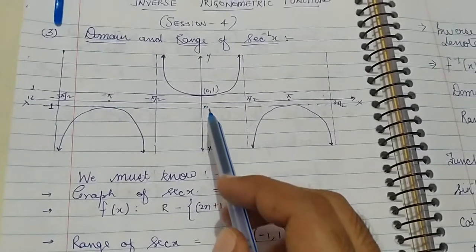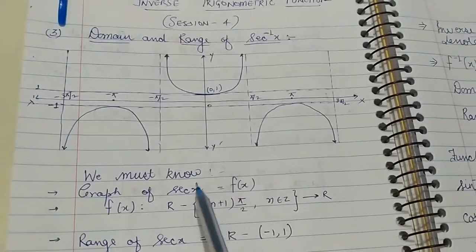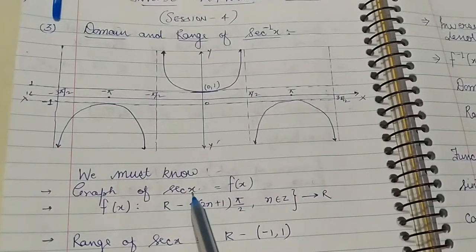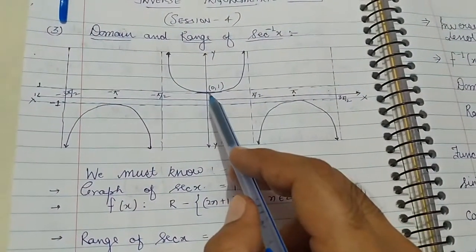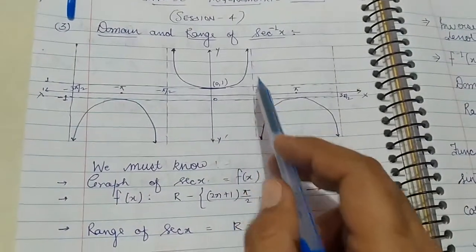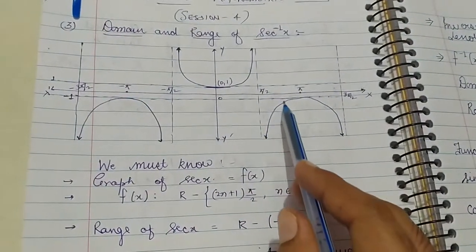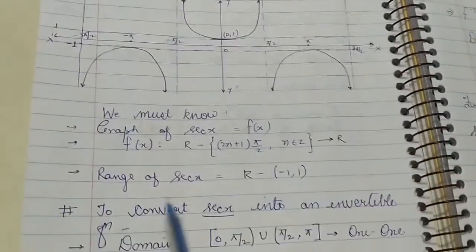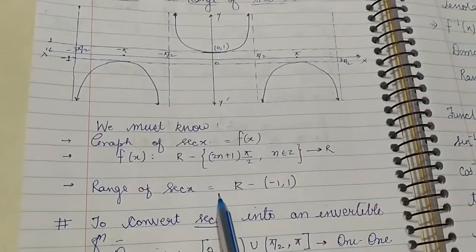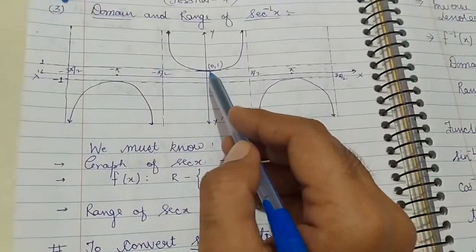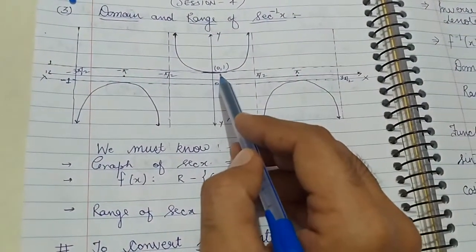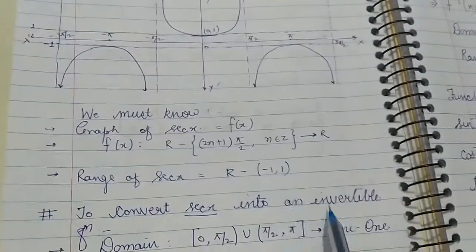That's why the range of the sec x function is 1 to infinity and minus infinity to minus 1. Range of sec x is equal to real numbers minus this portion, and this portion is minus 1 to plus 1.